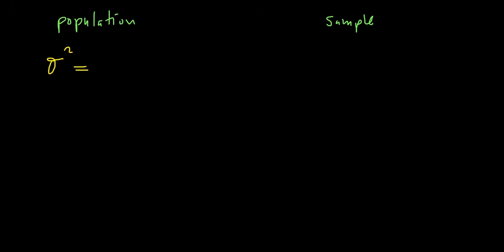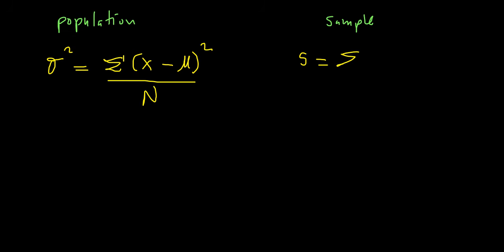Variance is sigma squared, given by the sum of each number minus the mean, squared, then divided by how many they are. But for the variance of a sample, s squared, it's also given by the sum of each term minus the mean, where the mean here uses the English letter. You square that, but you divide not by n but by n minus 1 for a sample. Please take note of this, right?